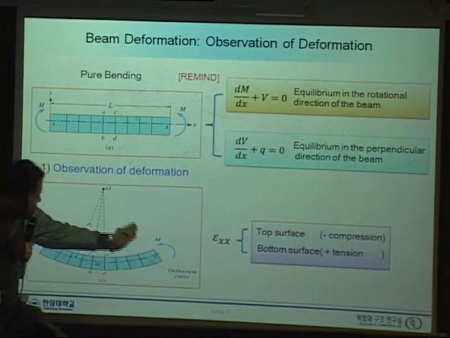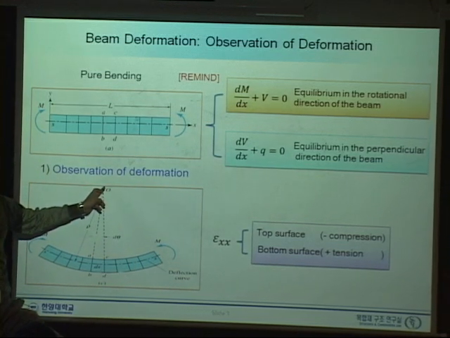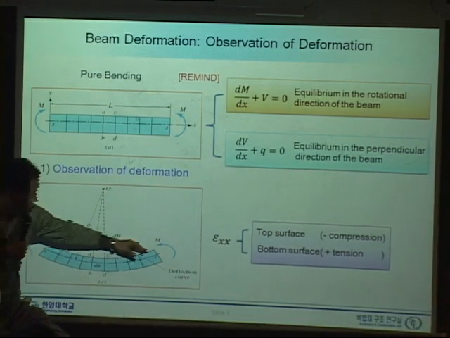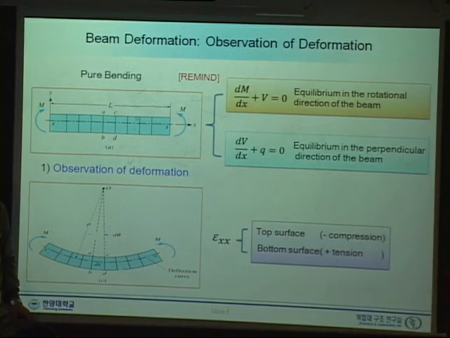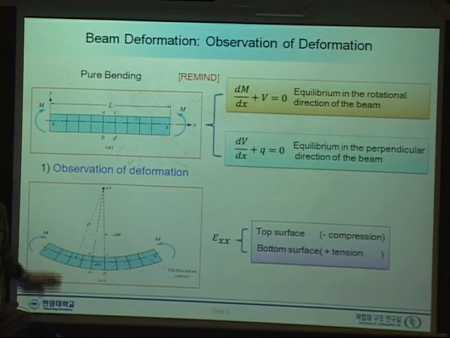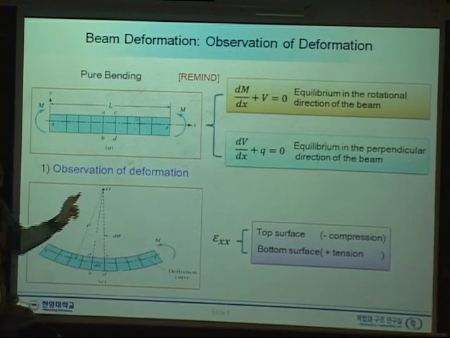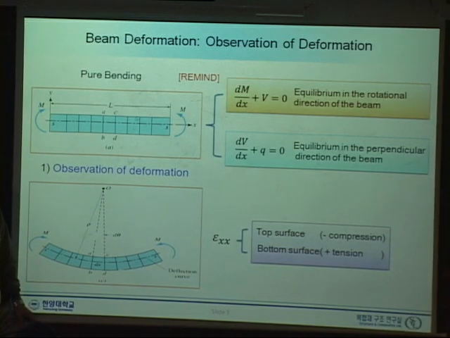All the deformations have a center point here, which means that when this beam is subject to a bending moment, it will have a constant curvature, or a constant radius of curvature. It is like a part of a circle.